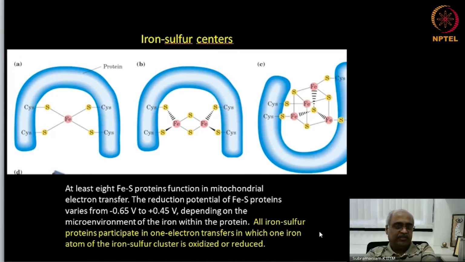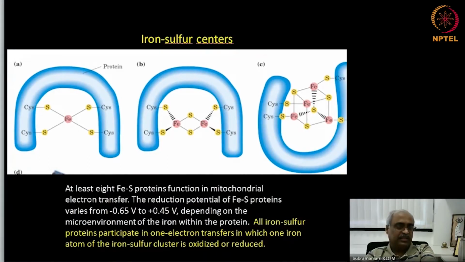So the third kind of electron carriers that we are going to learn are the iron sulfur centers. They are very much like cytochromes in that the iron is the one that is going to be oxidized and reduced. That is the one that is going to be the electron carrier. But in cytochrome, we saw the iron is coordinated to the nitrogen atoms of the porphyrin rings.